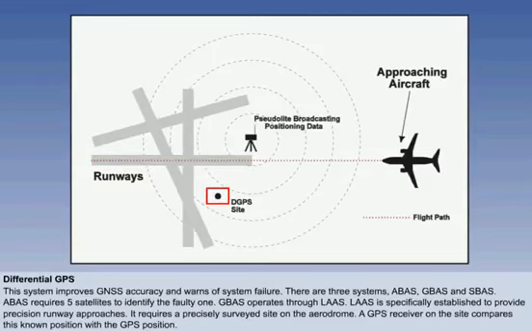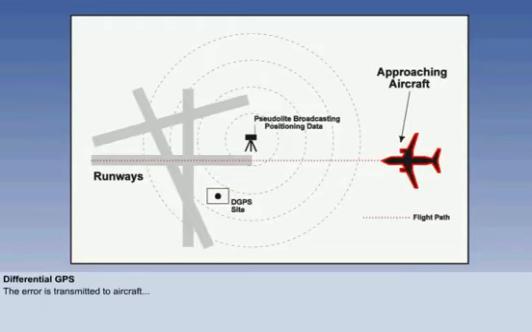LAAS requires a precisely surveyed site on the aerodrome. A GPS receiver on the site compares this known position with the position received from the GPS. The error in the X, Y, and Z coordinates is determined, and a specifically formatted message is transmitted to aircraft close to the aerodrome.